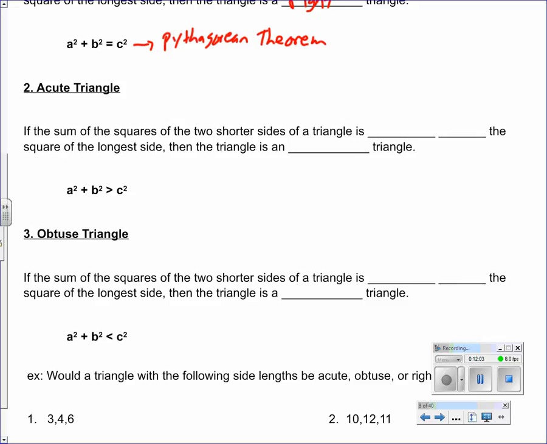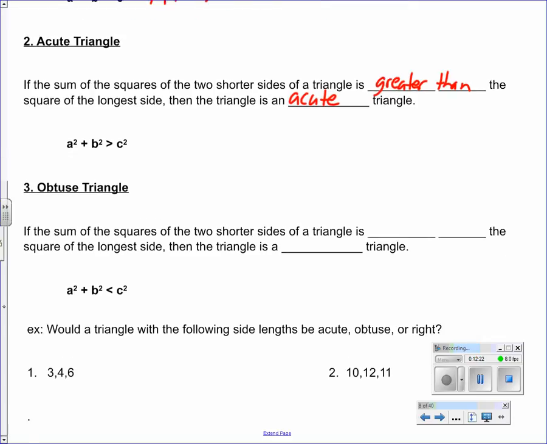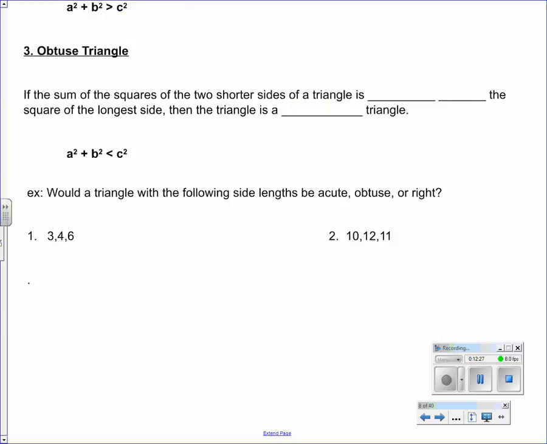If a squared plus b squared is greater than c squared, then it's an acute triangle. And last one, if a squared plus b squared is less than c squared, it's an obtuse triangle.